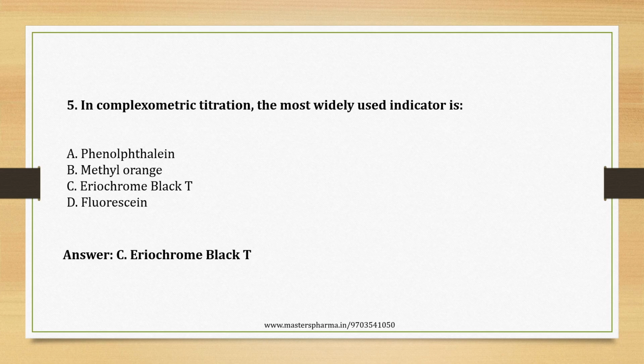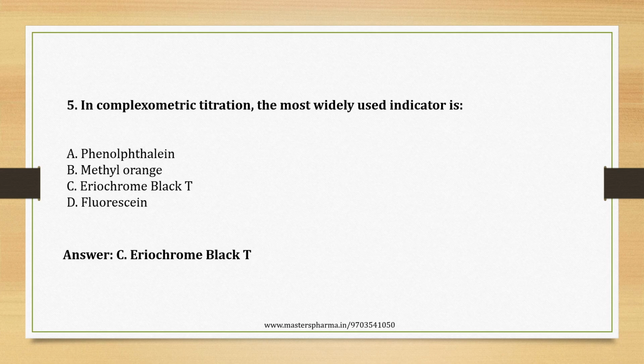At the end point, when EDTA binds the metal ions, the indicator is released and it gives a clear blue color. The color changes from wine red to blue, which makes EBT the standard indicator in hardness and metal ion titrations.